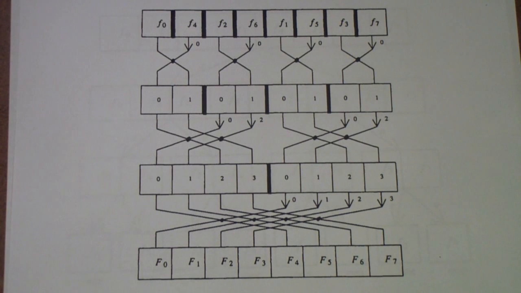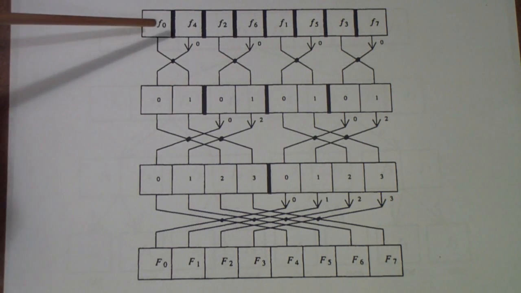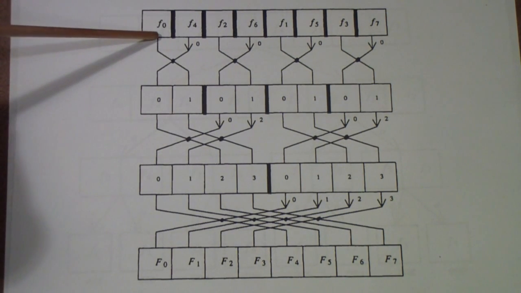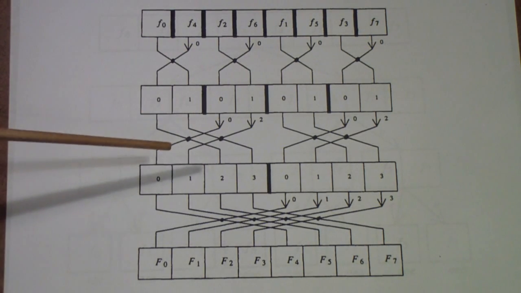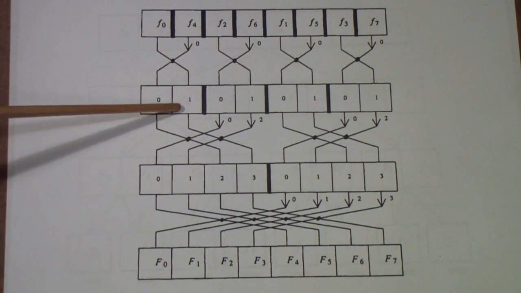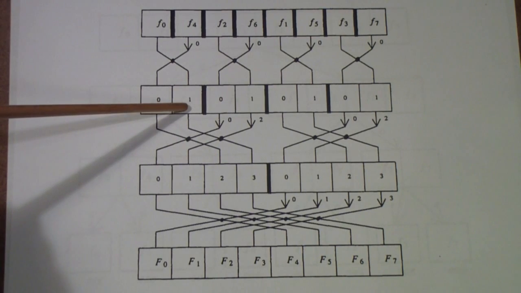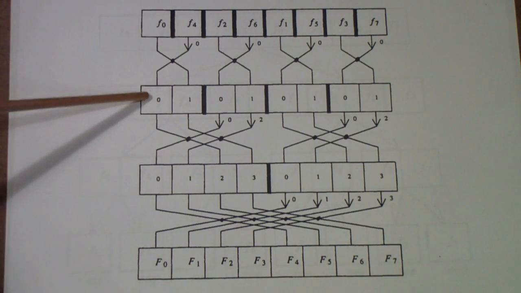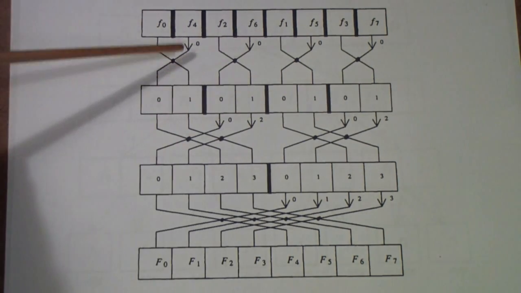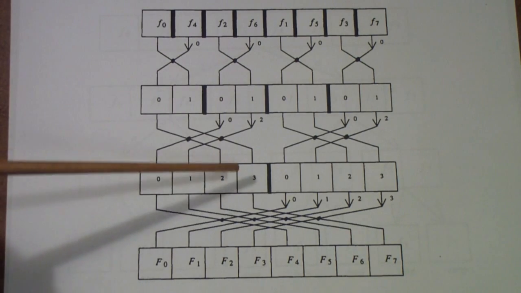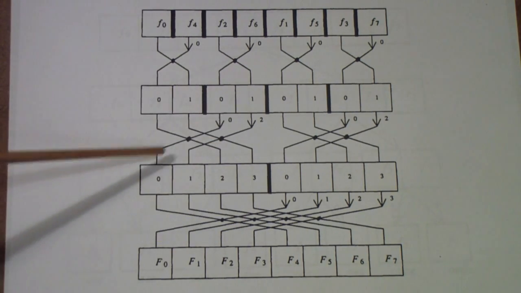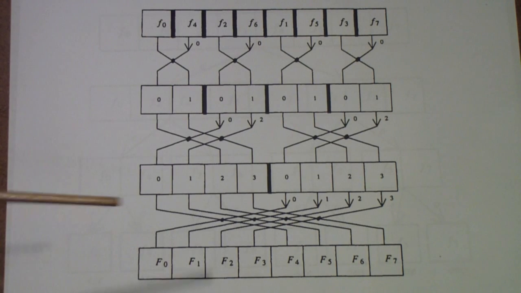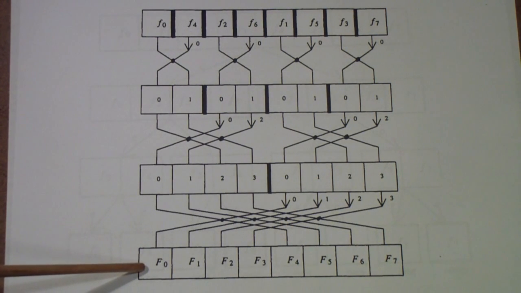What they realized was that if you swapped the function 0 with the next bit, and you did that all the way down in groups, and then you swapped these two with these two, and so on, what you wind up with at the bottom is the final Fourier transform.